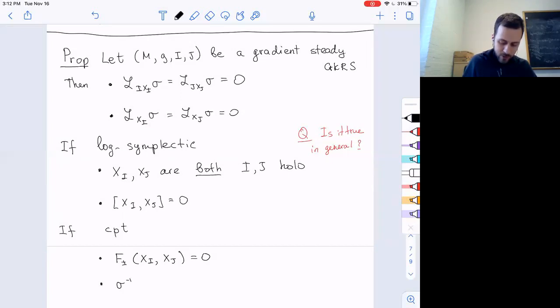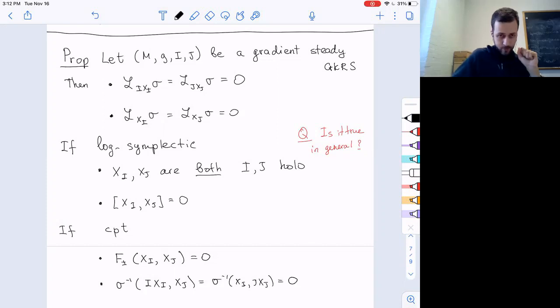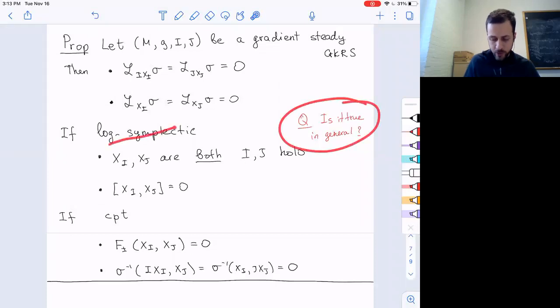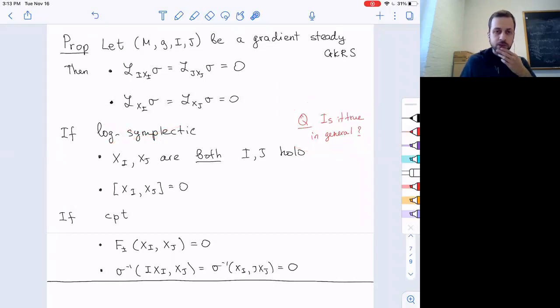Whenever sigma is invertible, you can write that I Xi and Xj are paired to 0, and Xi and J Xj are also paired to 0. This is essentially equivalent to the previous one. So the question I'm asking here is whether we can remove log symplectic in this place, and I don't know.